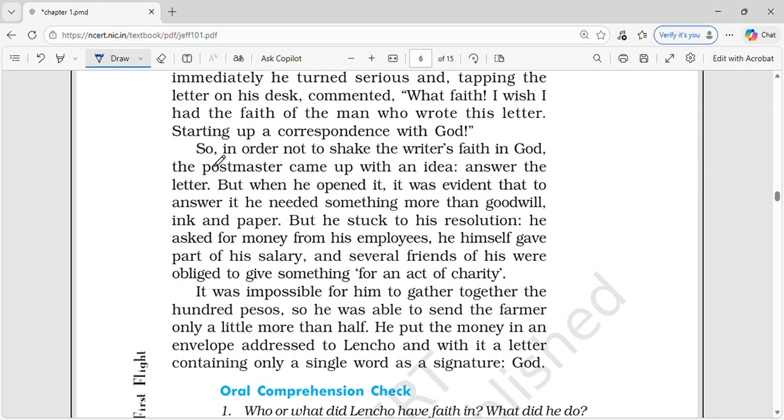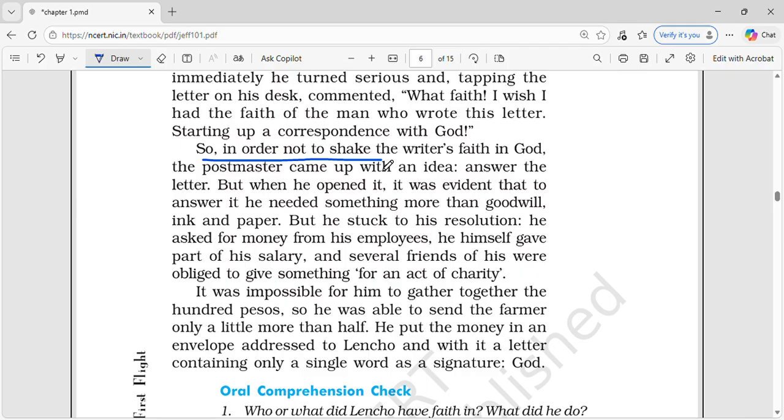Yeah, sorry. So, in order to shake the writer's faith in God, the postmaster came up with an idea to answer the letter. So basically, he wanted to help out. The postmaster was an amiable, kind person. So he thought that he would help out Lencho and answer the letter.